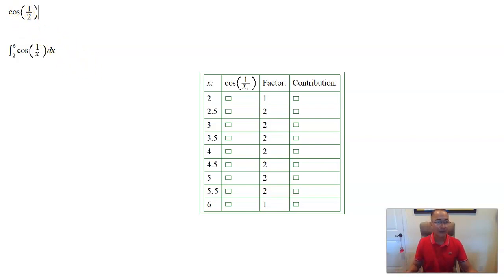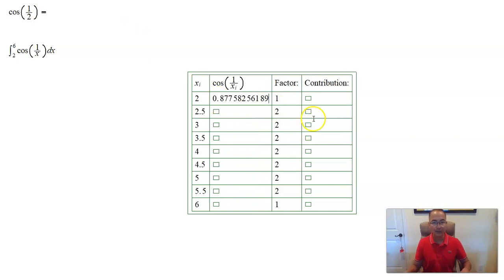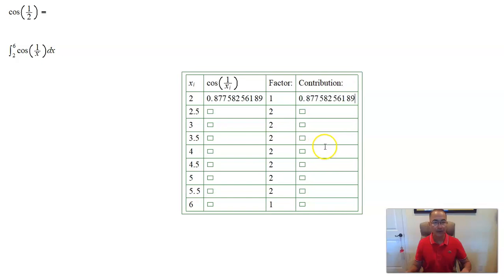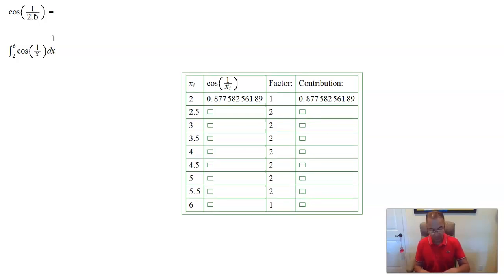All right, so cosine of 1/2 is approximately 0.877. So we will put that here, and it will have its contribution over here. Okay. 2.5. What is cosine of 1 over 2.5? There should be a decimal point there. And so we're going to get this much, and we will double it here.